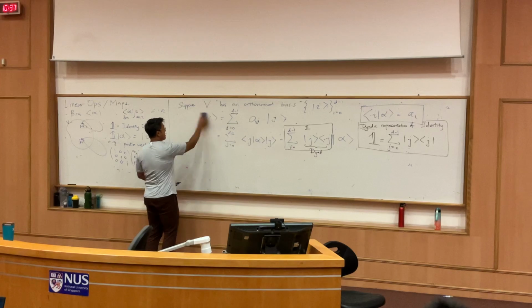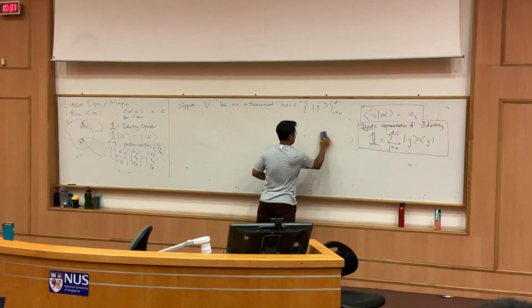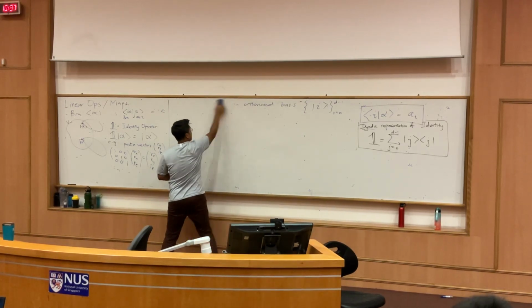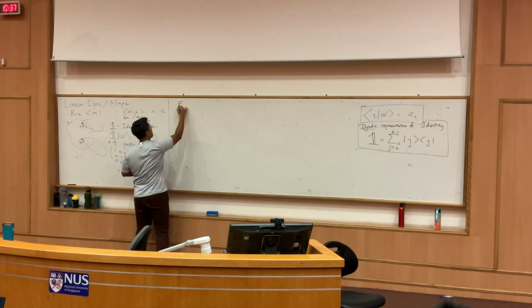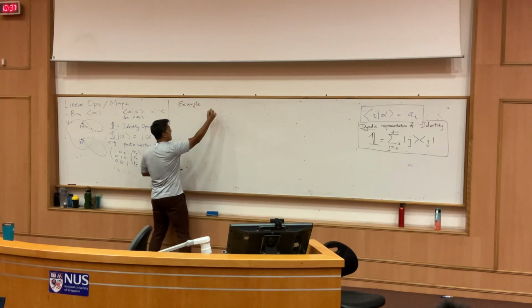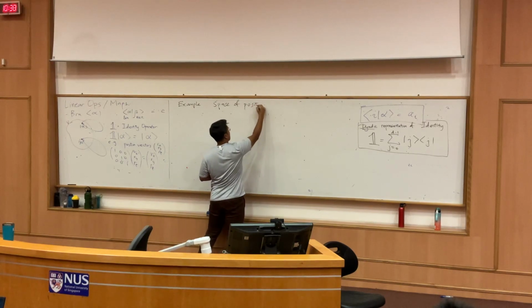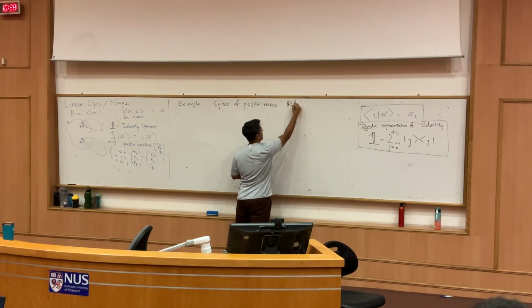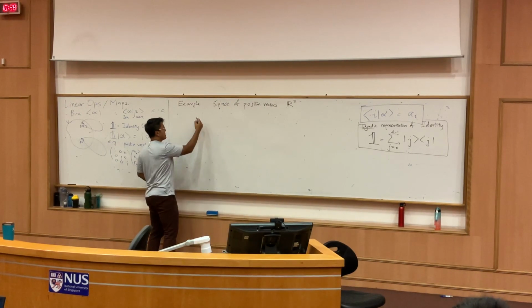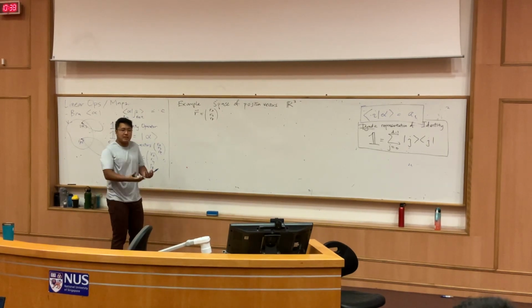Good. Example. So let's look at the space of position vectors in R3. You're used to saying that the position vector is Rx, Ry, Rz. That's totally fine. But what's the basis for this space?